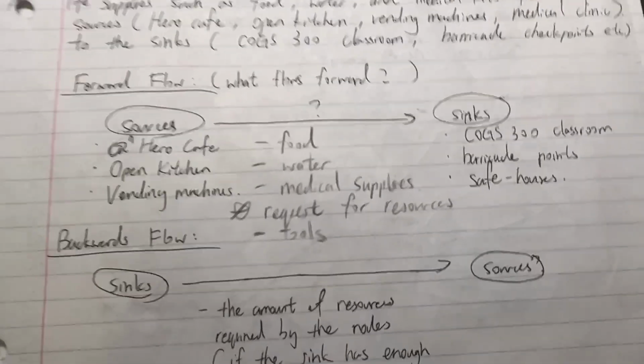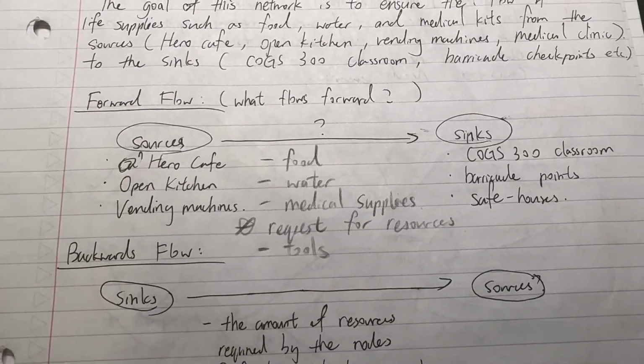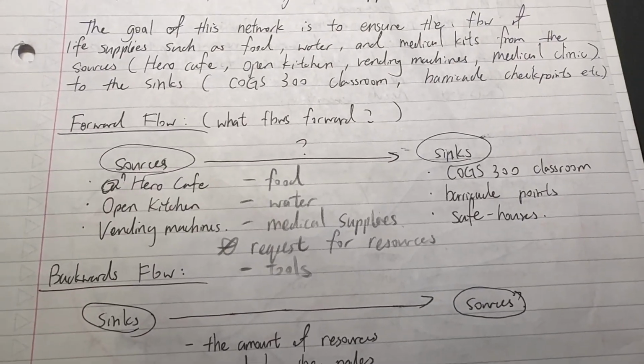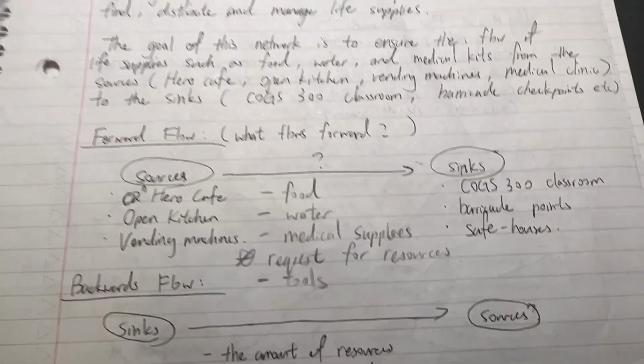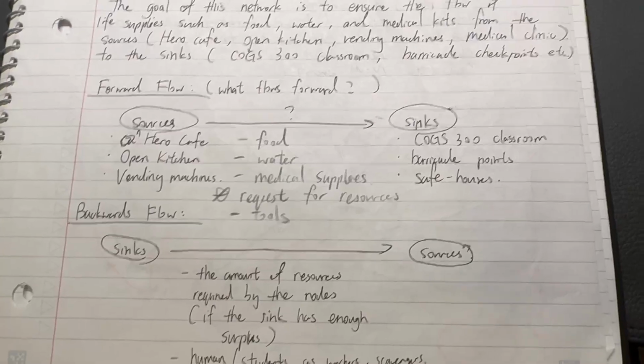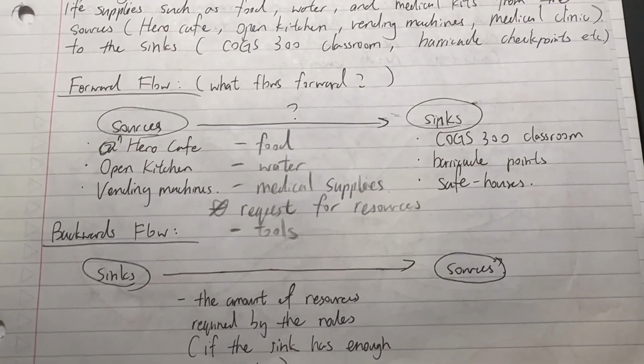So here it explains the forward flow. Food, water, medical supplies will flow from sources to sinks. And one important thing is that it will also send a request for resources forward to the sinks as well.